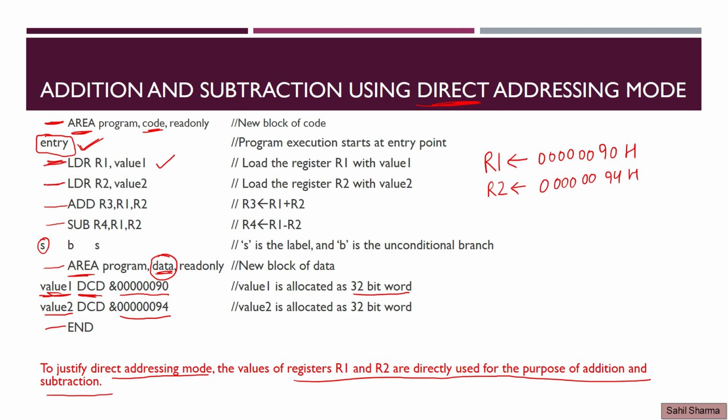When we say add R3, R1, R2, this means the addition will take place. As this is a hexadecimal addition, 9 plus 9 means 18. It can be written as 12 in hexadecimal form. So the answer of addition is 124H.